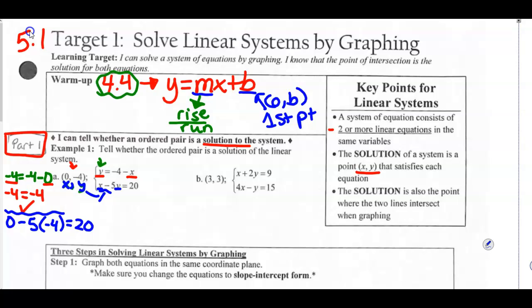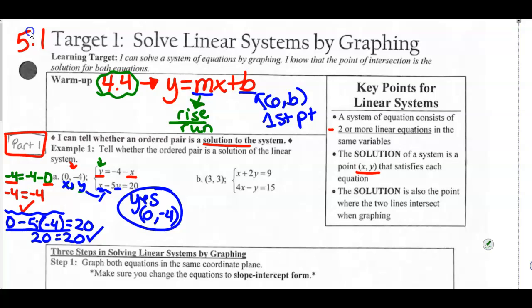In my calculator, I'm typing all this in, one long string of numbers: 0 minus 5, and that parenthesis means times -4. Your calculator should tell you 20. So 20 equals 20. Is that true? If it's true, we put a check mark. That's yes. Since both of them are true, that means that yes, (0, -4), that ordered pair, is a solution to the system. It has to be true for both in order to be a solution.